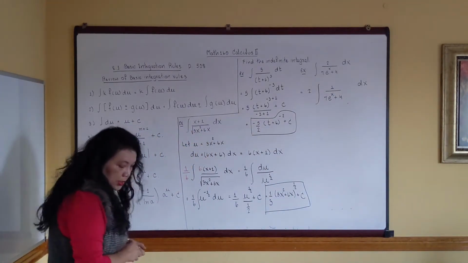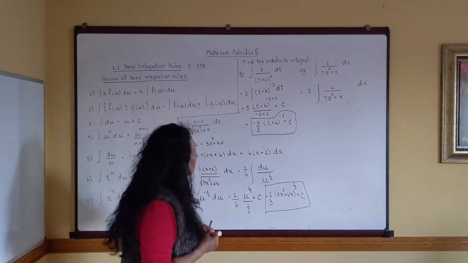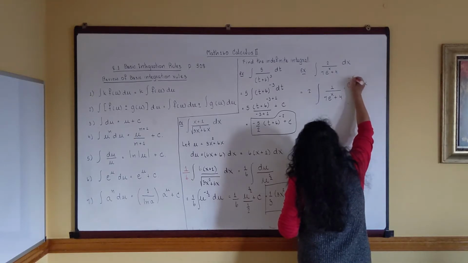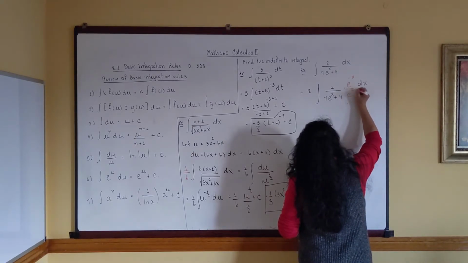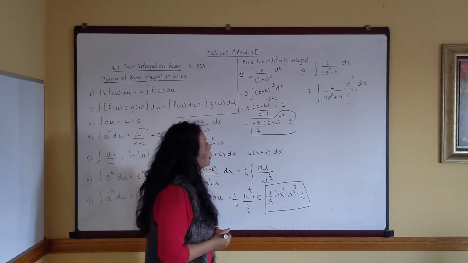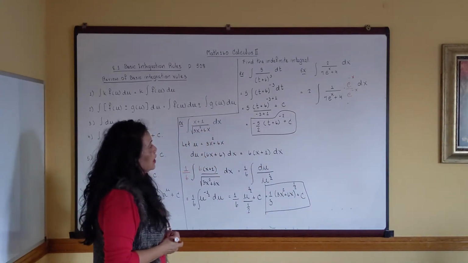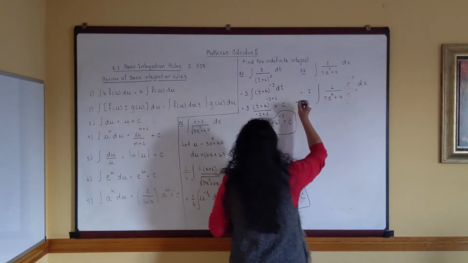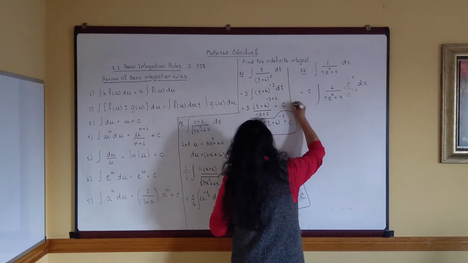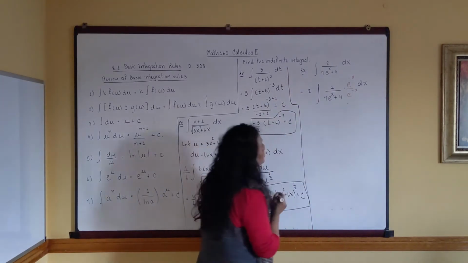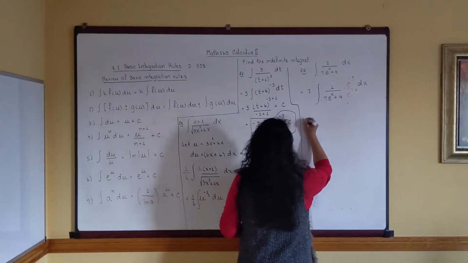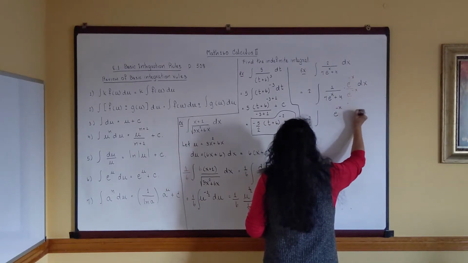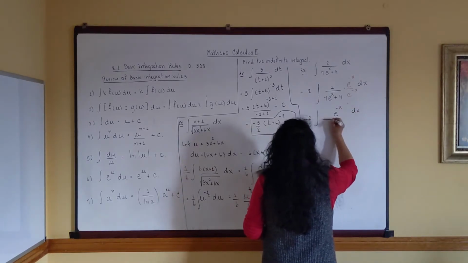What I'm going to do is multiply top and bottom by e to the negative x, and I will explain to you in a little bit why. If I do that, let me draw a line here so we don't get confused with these two examples. So I have 2 times the integral of e to the minus x dx on the numerator.